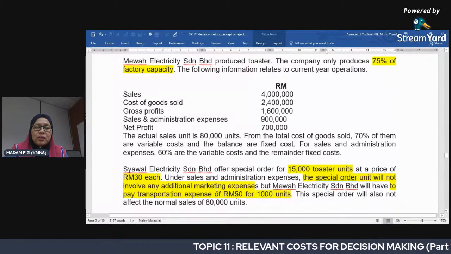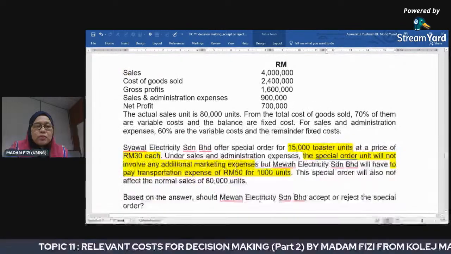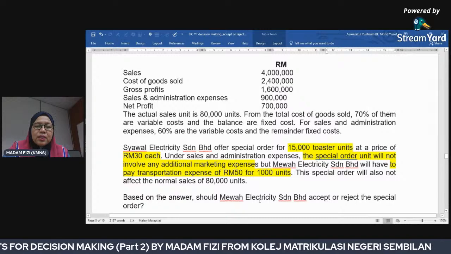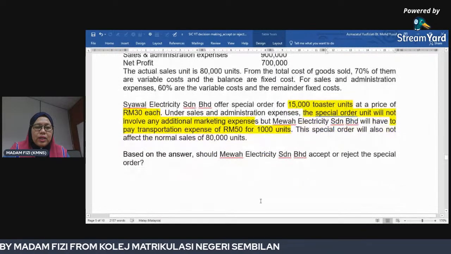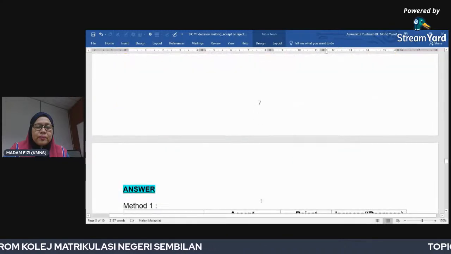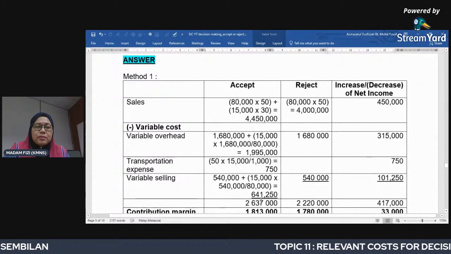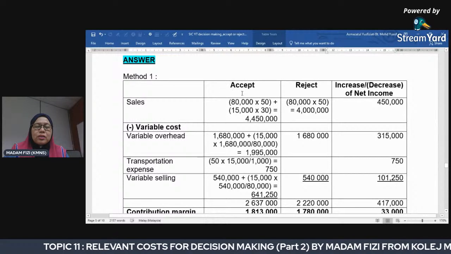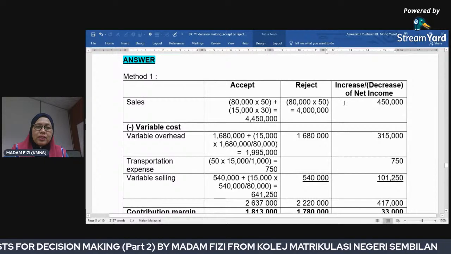So these are the relevant costs. Based on the answer, should Mewah Electricities accept or reject the special order? Now we look at the answer. If you calculate using method 1, draw a table: accept, reject, and increase or decrease of net income.